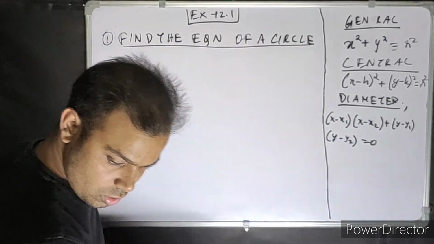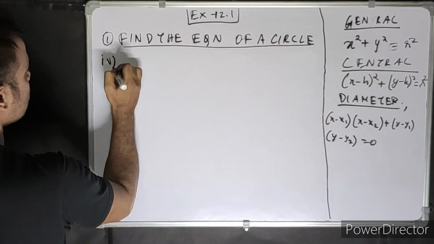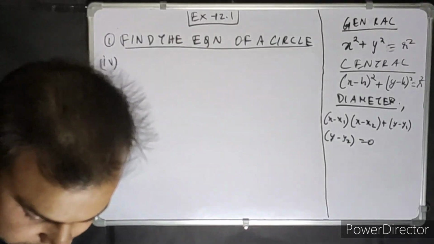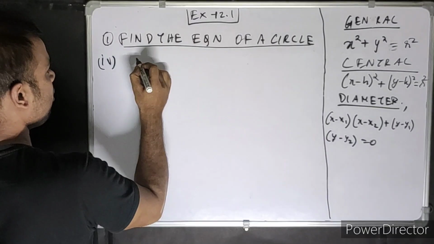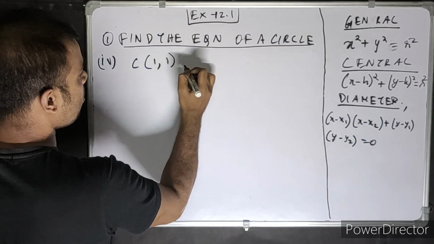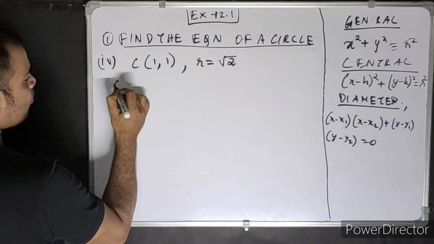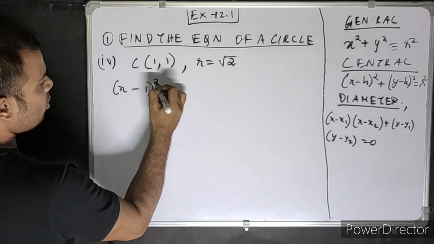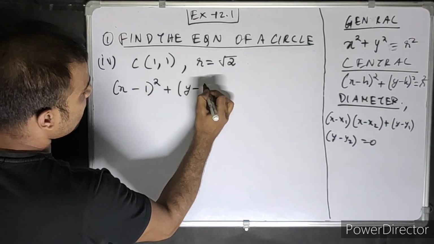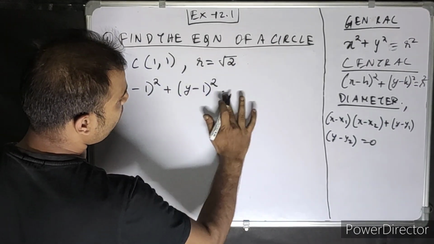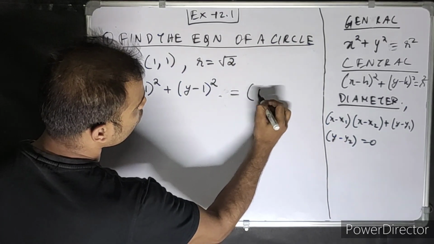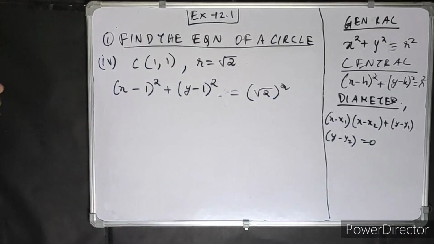Let's do part 4. It's got a root over in the radius. That's why I want to do this, but all of you can do it. Center is 1, 1, radius is root 2. Again, x minus 1 whole square plus y minus 1 whole square is equal to root 2 whole square.